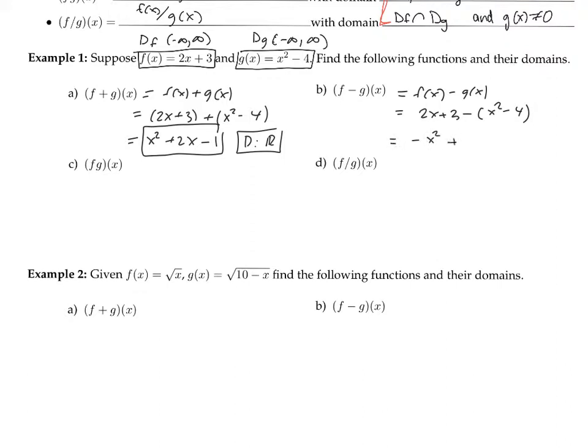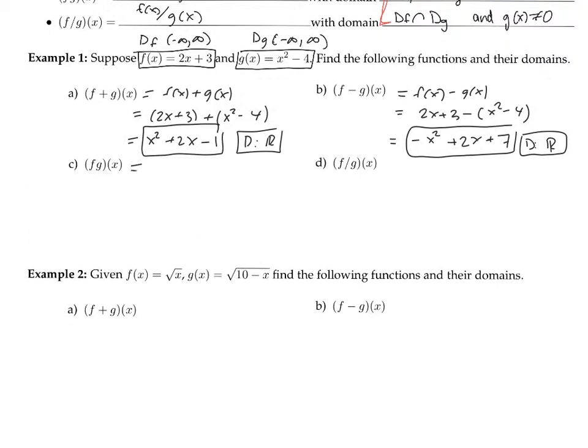And then we'll have plus 2x, and what is our constant? 7, very good, plus 7. And the domain is all real numbers. The domains won't get interesting until we get to part D.